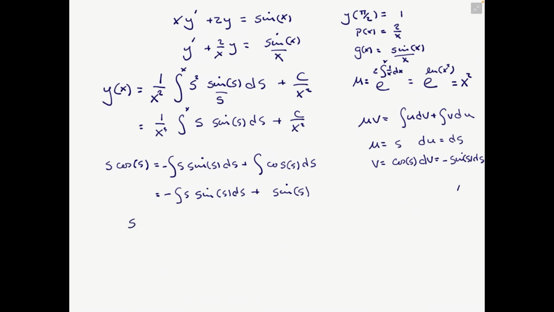And so our solution, s cos of s minus sine s, is equal to minus the integral of s sine of s ds, but we got that negative sign there, so we end up with sine s minus s cos s, and that's our solution.